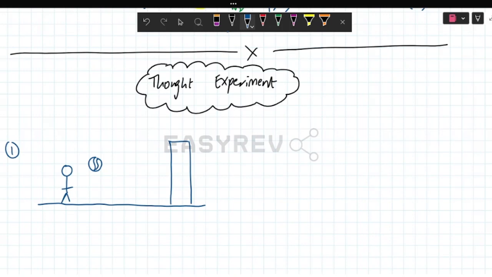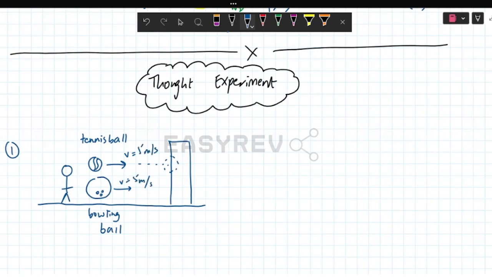That's your tennis ball. Towards the wall so that it collides with the wall. And then you throw a bowling ball. And suppose you throw both of them with the same velocity, let's suppose 5 meters per second.